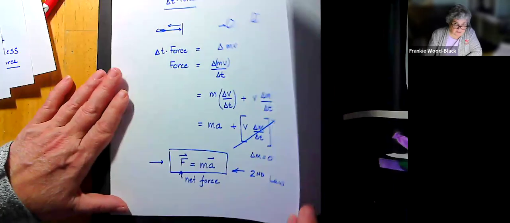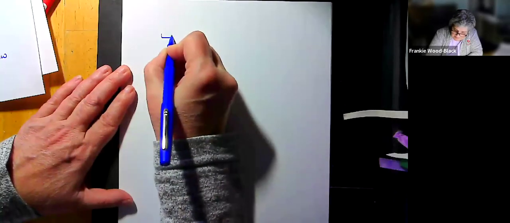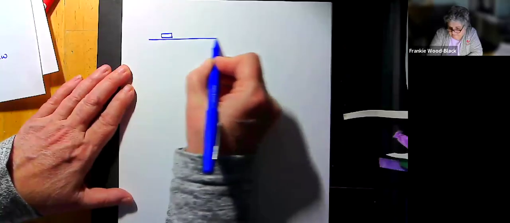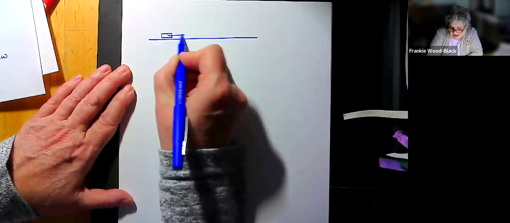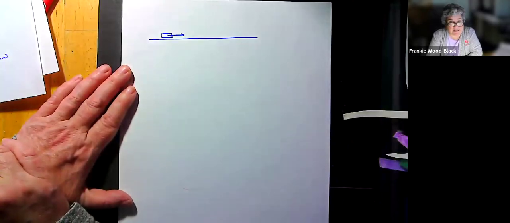There are a couple of other things that we have to talk about in terms of forces. One is if I have my hockey puck, right? There's my hockey puck, and it's sliding across the ice. We know eventually it stops.